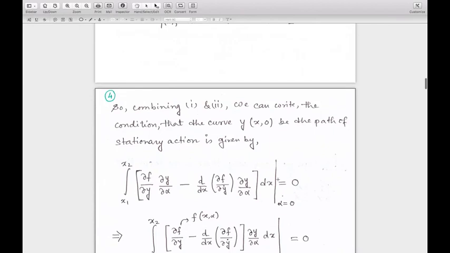The whole integration is evaluated at alpha equal to 0, and this is equal to 0.